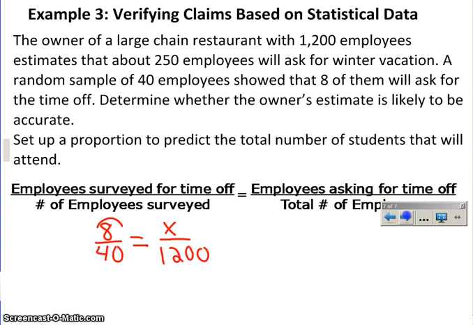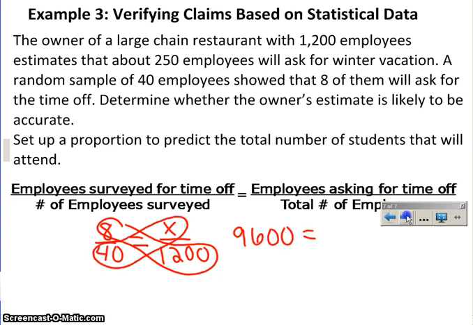We're going to do our cross multiplication. 8 times 1,200, and we get 9,600. And we do 40 times x, so we get 40x. Divide each side by 40, and we get 240 people will probably ask for winter vacation.